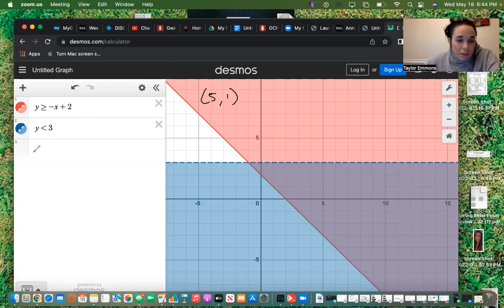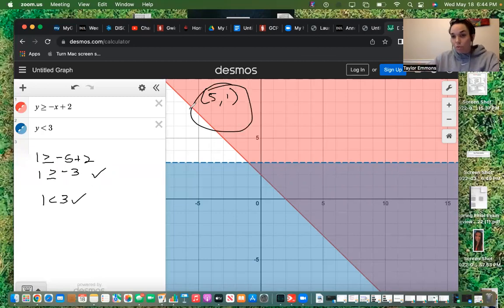So for this first inequality, I'm going to get 1 is greater than or equal to negative 5 plus 2. Well, what's negative 5 plus 2? That's negative 3. Is that a true statement? Yes. Okay, let's check the other one. Well, our y value is 1. 1 is less than 3. Is that a true statement? Yes. Okay, so 5 comma 1 would be a solution, a potential solution.